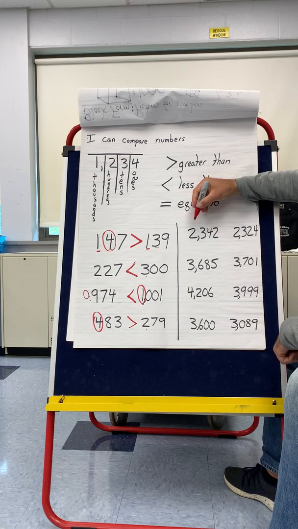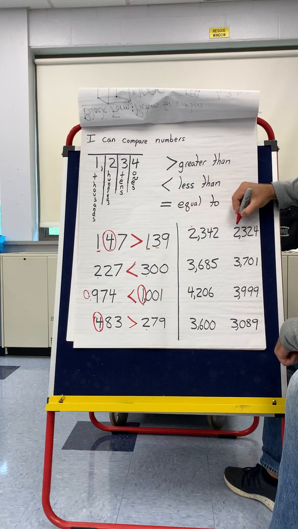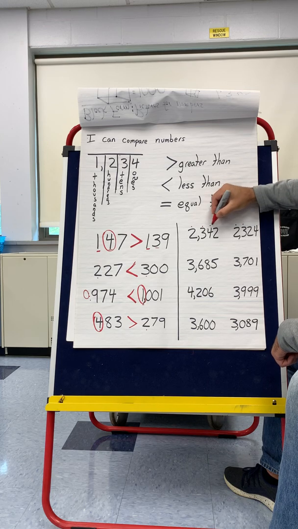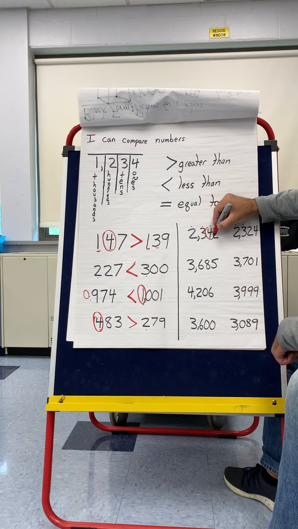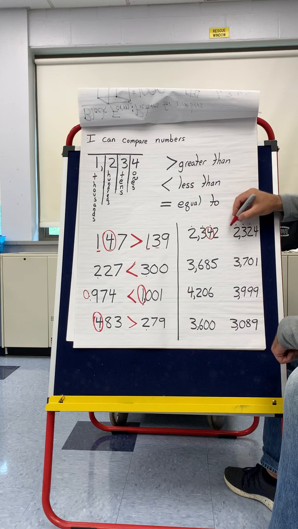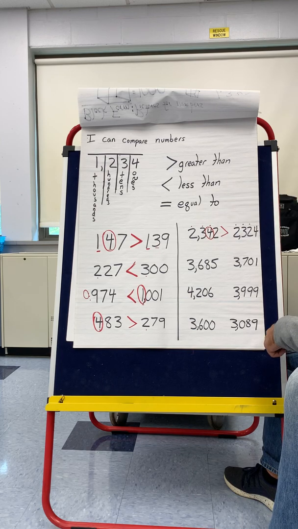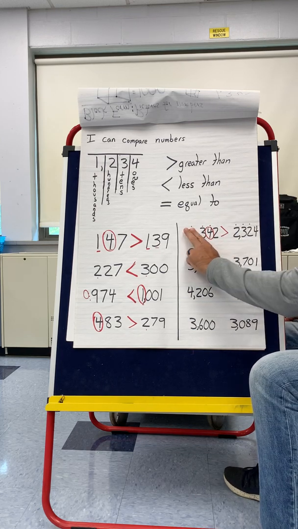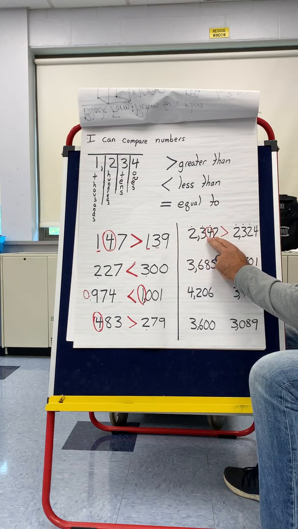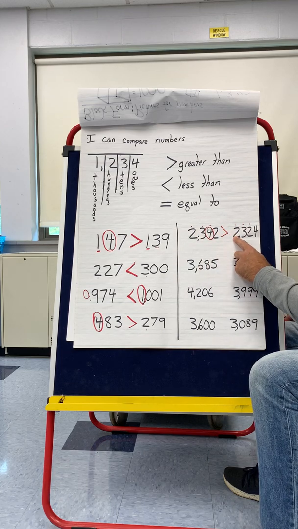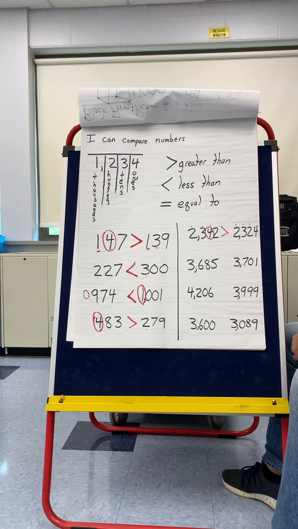It's no big deal. So start with the thousands. 2,000, 2,000. 300, 300. 40, 20. Oh, there it is. 40, 20. This one is larger. So 2,342 is greater than 2,324. Okay?